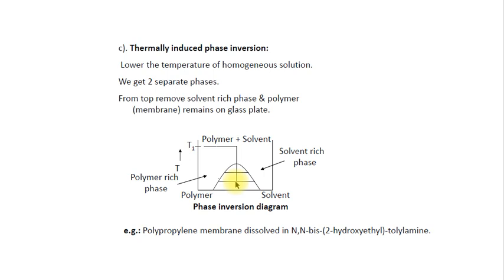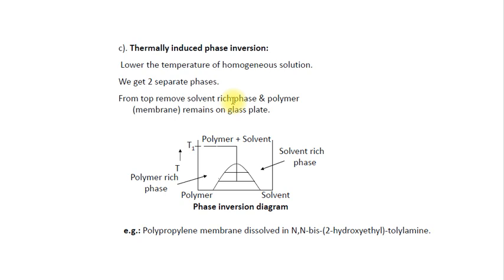In this process you can precisely control the size of the pores in two ways: first, the rate of the temperature drop, and second, the concentration. If you make a highly concentrated solution, you will get a non-porous membrane, or the pore size will be very small. If you have a dilute solution, the pore size will be high.